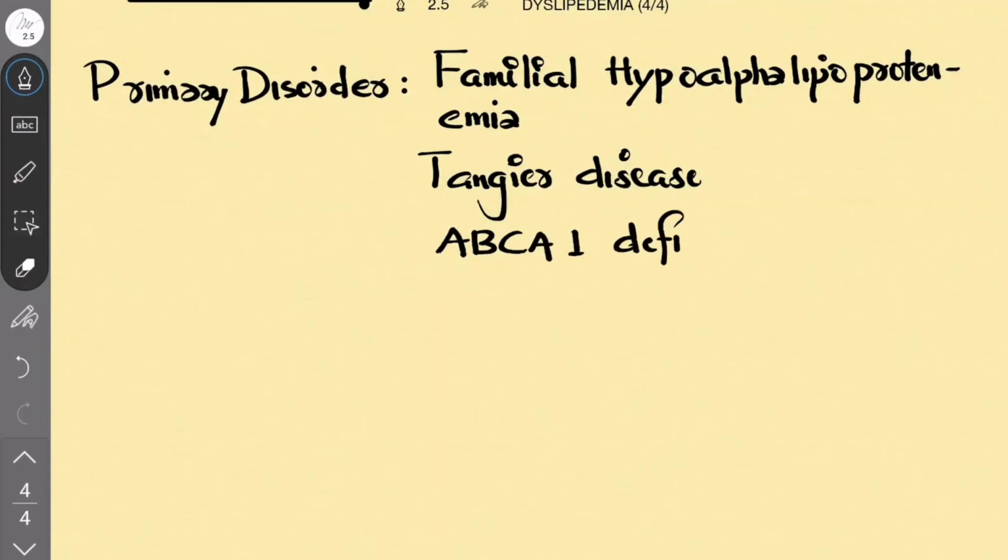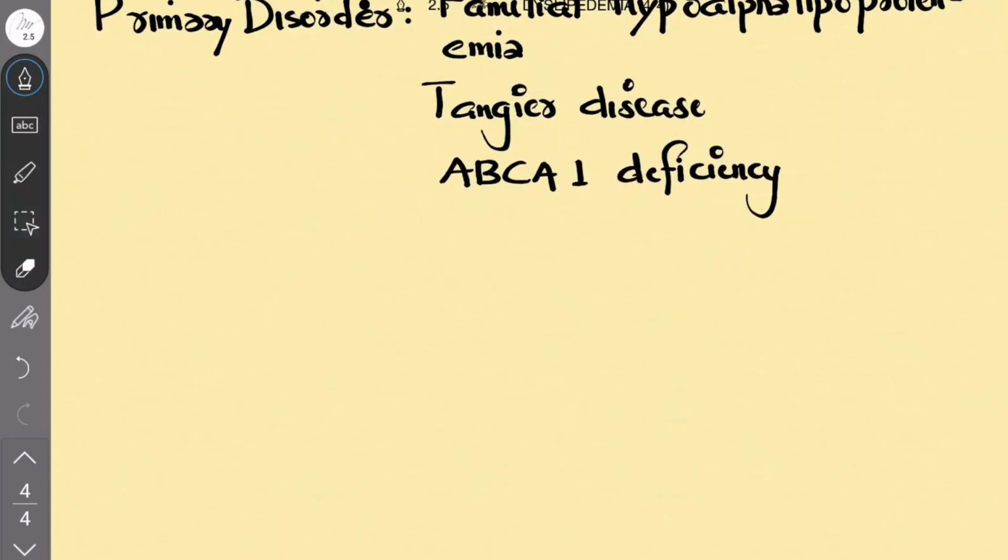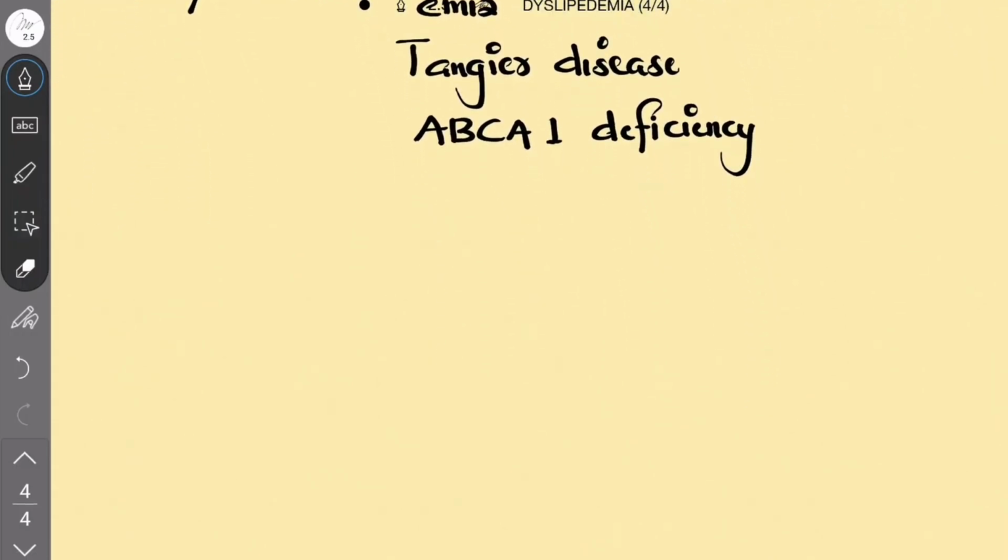What is ABCA1 deficiency? ABCA1 means ATP binding cassette subfamily A member 1, which is deficient, leading to low HDL.